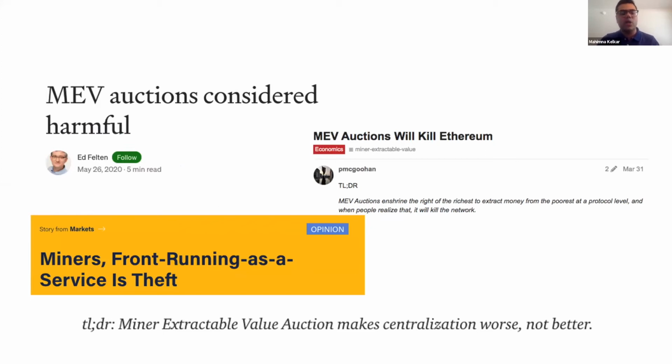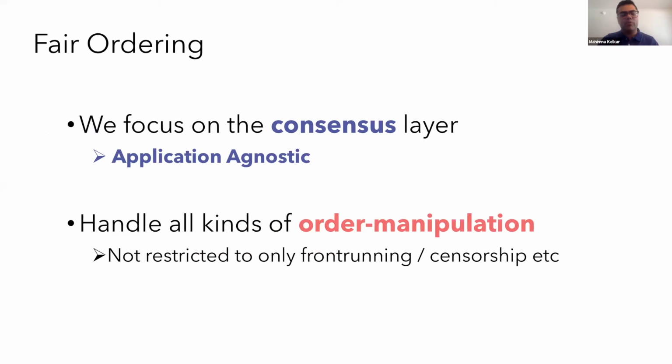And the goal of MEV auctions really was to make MEV more transparent, but unfortunately in the long run, it will really make the ordering problem significantly worse. It makes centralization worse, and it can cause a lot of instability in the system, as pointed out by a number of articles. So we need a more fundamental solution to this MEV problem.